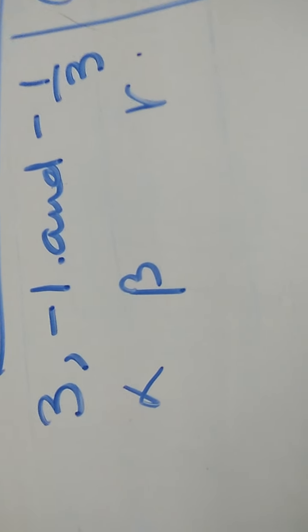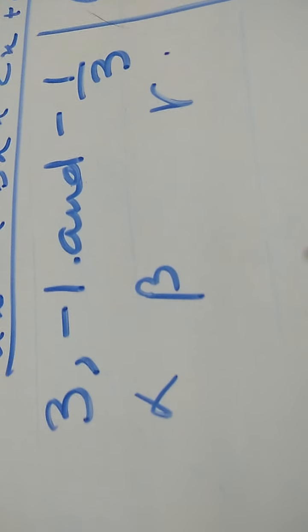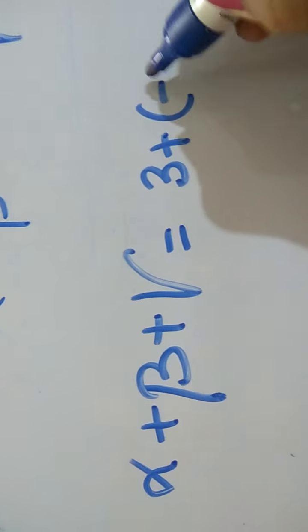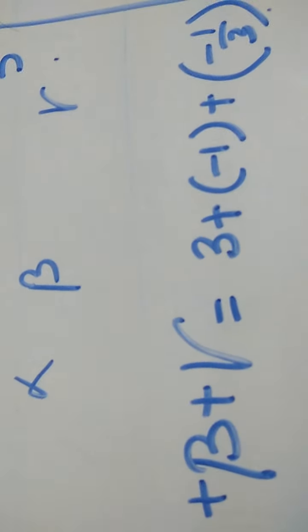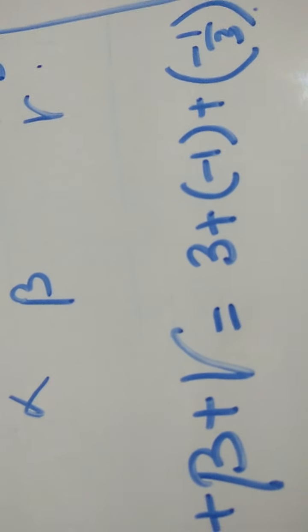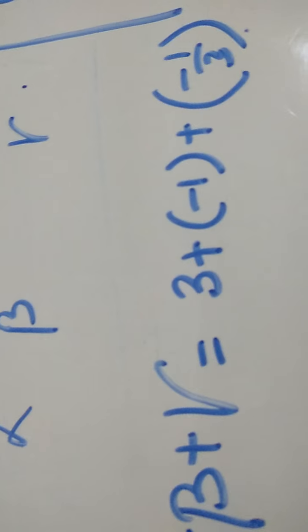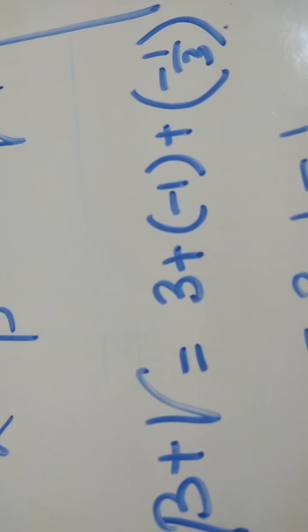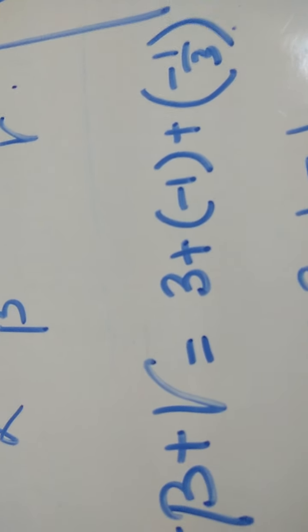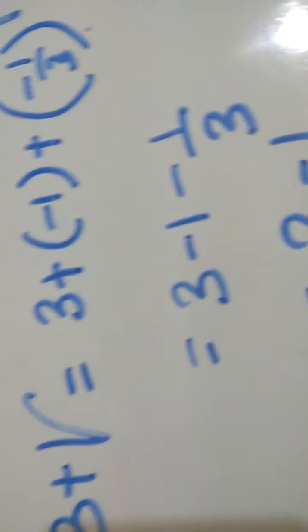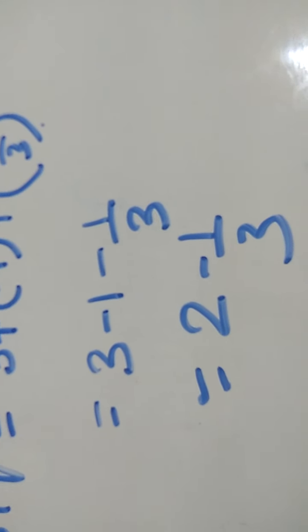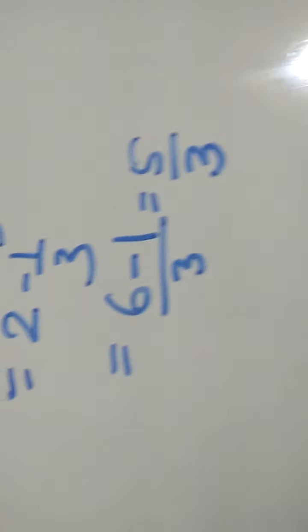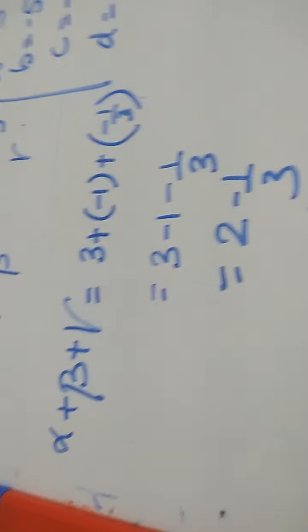Alpha plus beta plus gamma, that is the sum, is equal to 3 plus minus 1 plus minus 1 upon 3. So this is equal to 3 minus 1 minus 1 upon 3. This is 2 minus 1 upon 3, which is 6 minus 1 upon 3, so this comes out to be 5 upon 3, right?